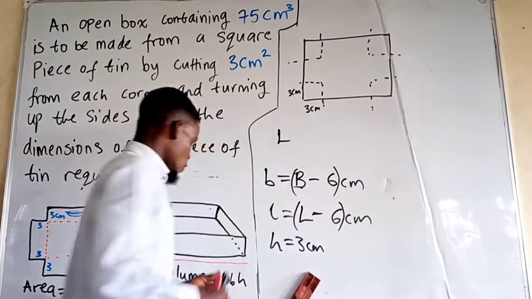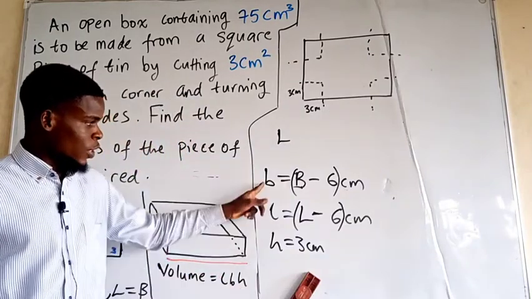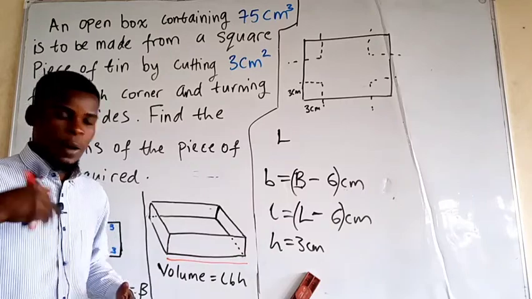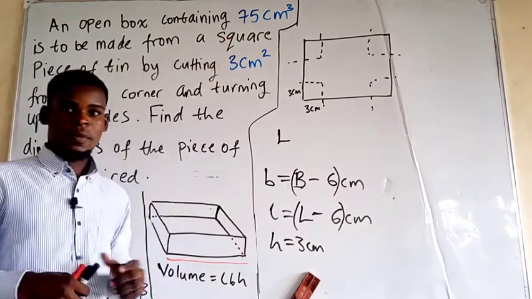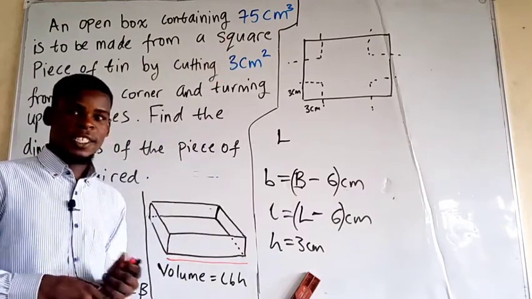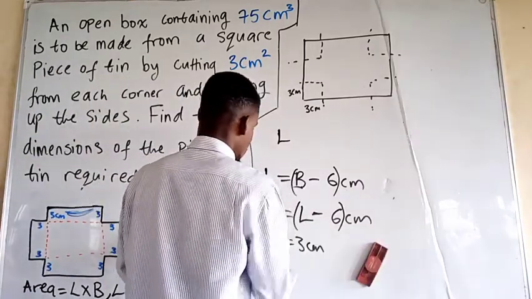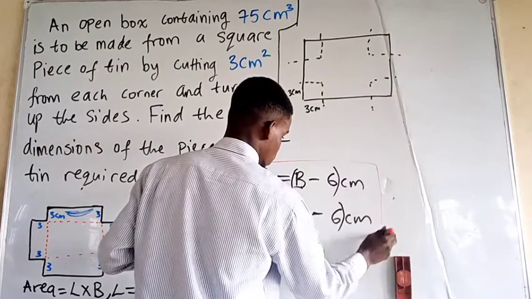We know that the volume of the box is length times breadth times height. We've gotten the length, the breadth, and the height. So we are just going to multiply them together, and we equate it to 75 centimeters cubed, since that is just the volume. So let's put this down here.